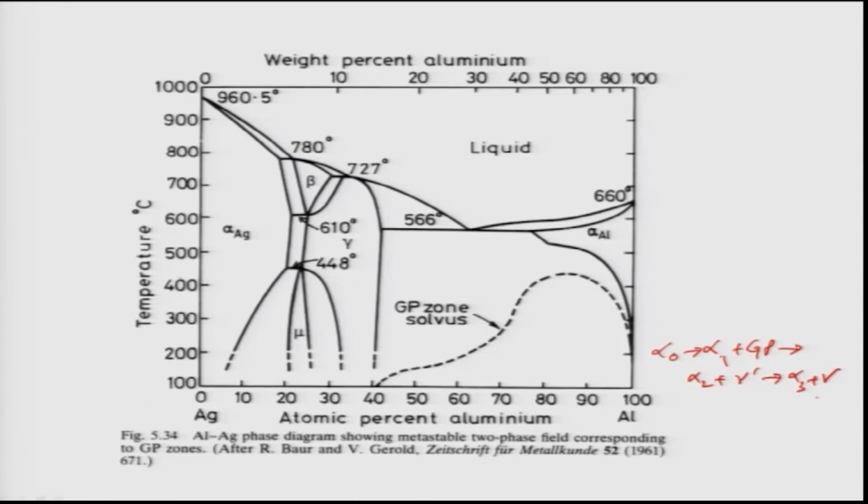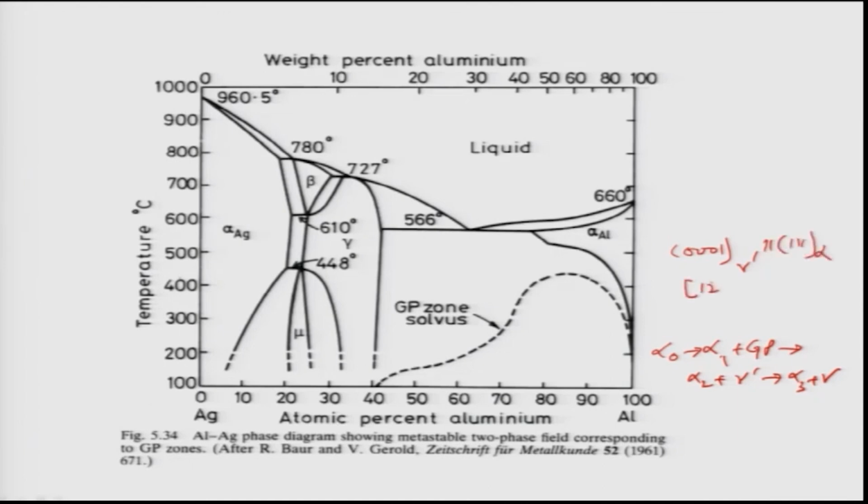So the only orientation relationship which is possible, which can lead to coherency between these precipitates, gamma prime basically, is such that the 001 plane of gamma prime must be parallel with the 111 plane of alpha.